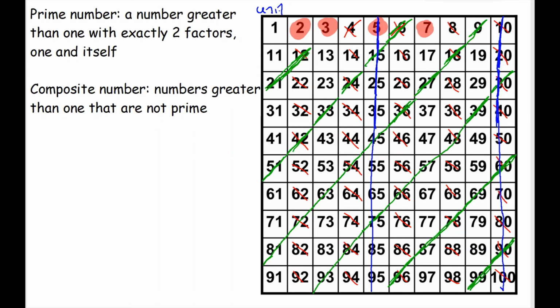So our last prime number on this top row is 7. So we need to cross off all the multiples of 7. Okay, so I'm going to do that with a horizontal line.